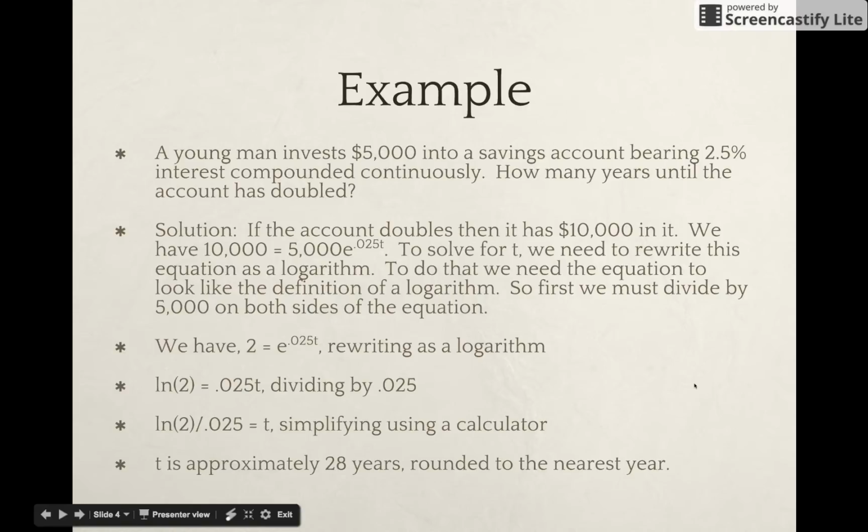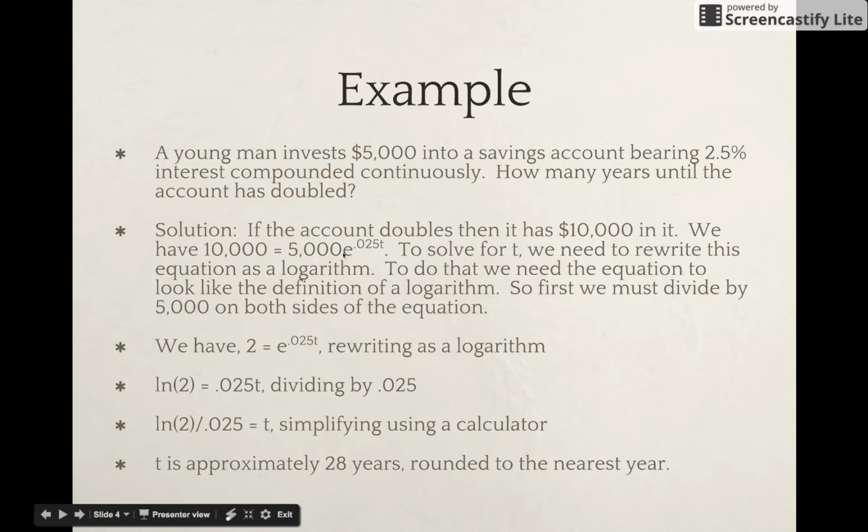To solve for t, to solve for the amount of time it will take for this amount to be $10,000, we're going to rewrite this equation as a logarithm. Before we can do that, we need this to look just like the definition of logarithm from App 5.